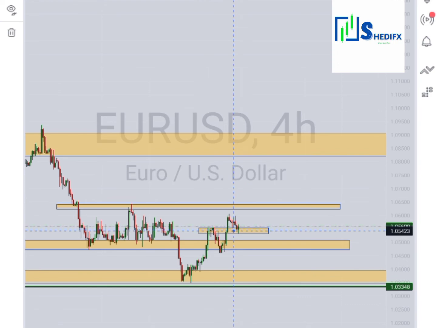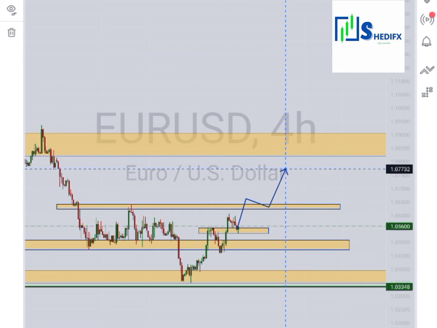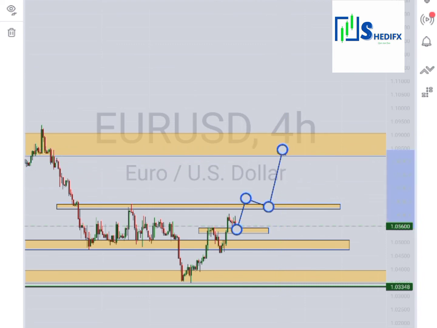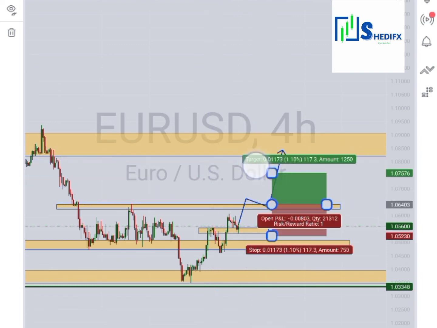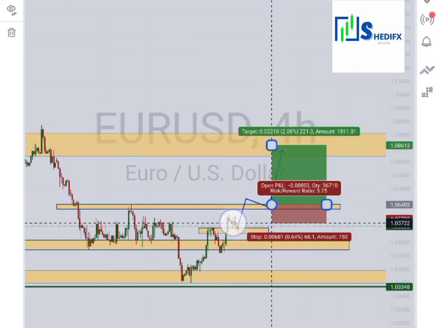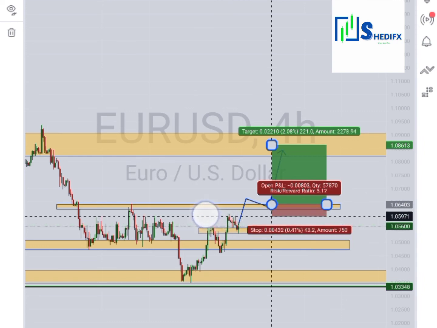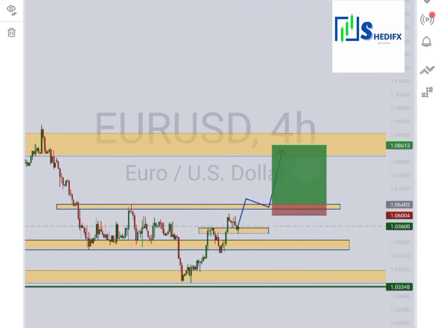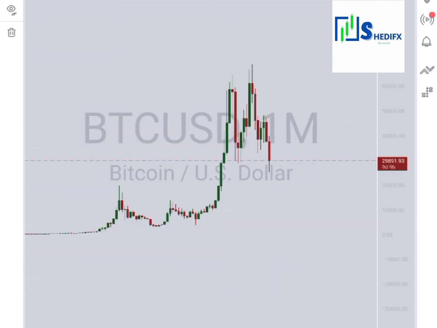Right now we have the movement to the top, but I'm going to be taking this market only at the breakout of the minor resistance we have there. Only if we break that resistance, that's where I'm going to be taking the buy. So that's it.